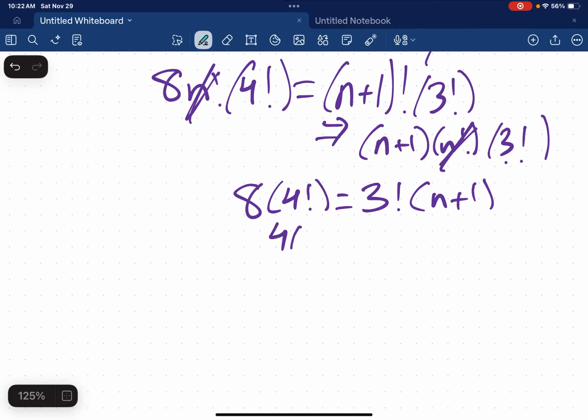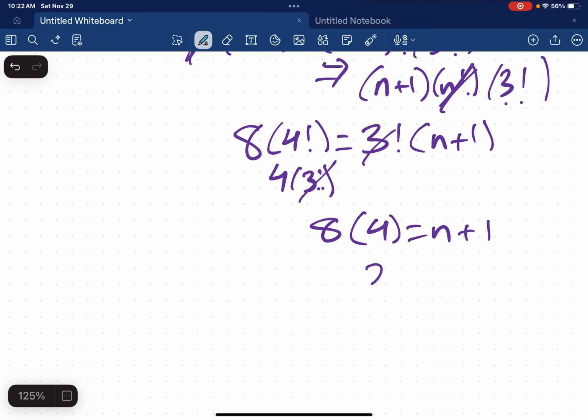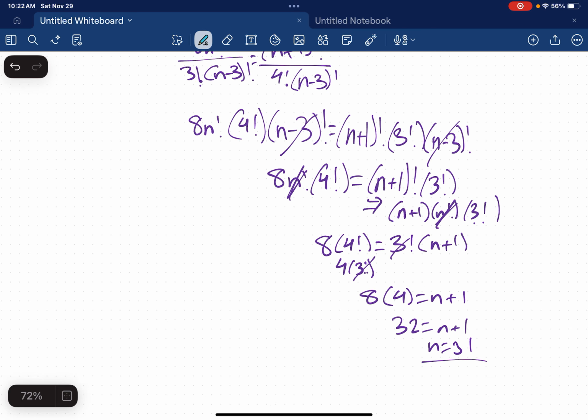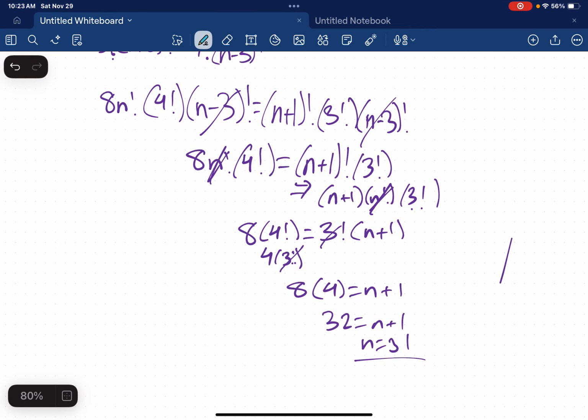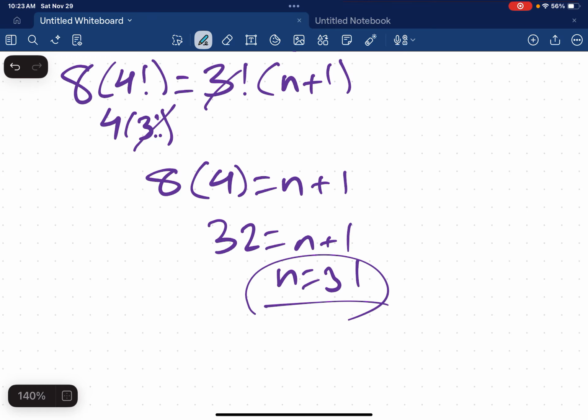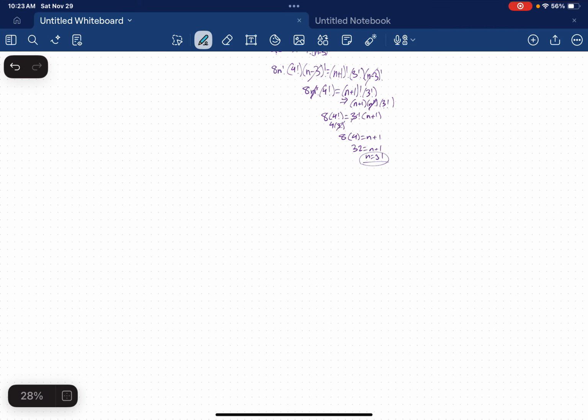Remember, this is equal to 4 times 3 factorial, so we can cancel that out from both sides, get 8 times 4 is equal to n plus 1, which means that 32 is equal to n plus 1, and n is equal to 31. This means that the coefficients are equal when n is equal to 31. Okay. There we go. On to 8.